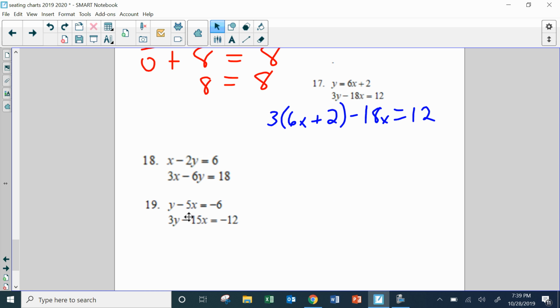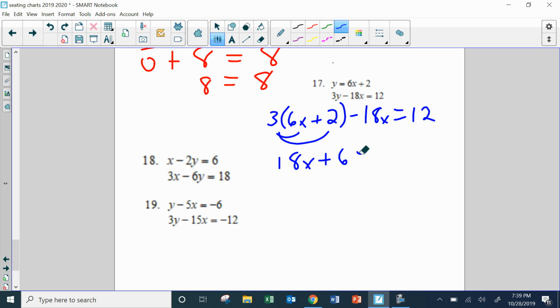So now I just do the distributive property. 3 times 6x, and then 3 times 2 gives me 18x plus 6. Subtract 18x, which tells me something goofy may be happening, equals 12. Again, 18x subtract 18x just goes to 0.